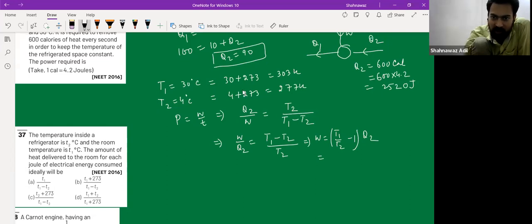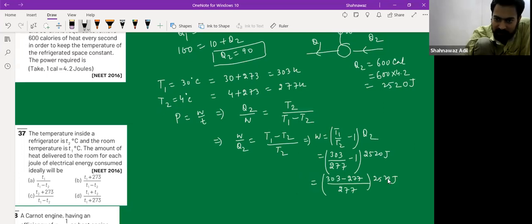T1 is 303 and T2 is 277, so W is 303 minus 277 by 277, into 2520 joules.